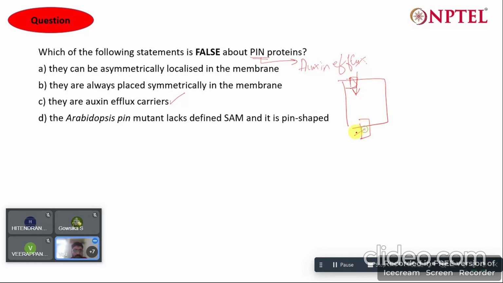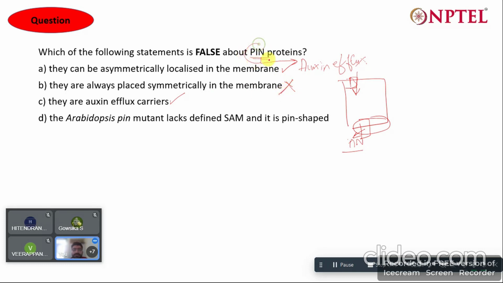So it will go out from the cell using the pin proteins that are localized on the other side of the membrane. This arrangement tells us that it is not symmetrically located in the membrane, it is asymmetrically located, because there is always a polar transport for auxin. So option A is correct and option B is false.